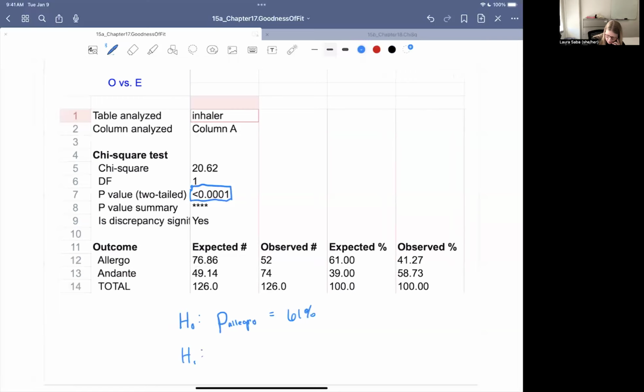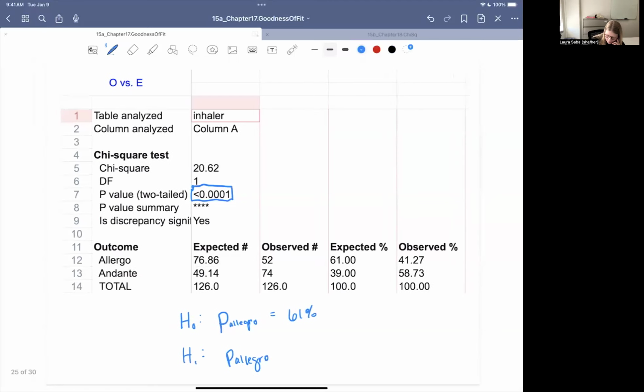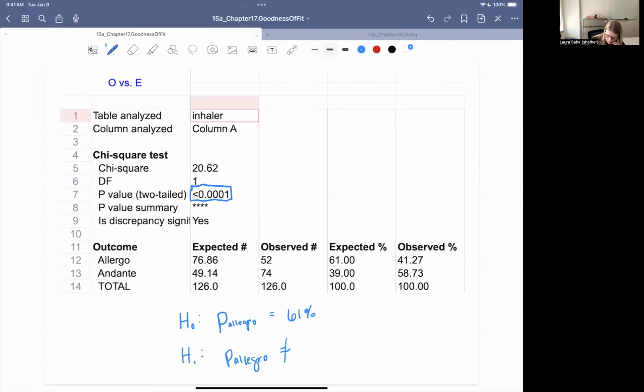And our H alternative is that the p for the Allegro is not equal to 61%.